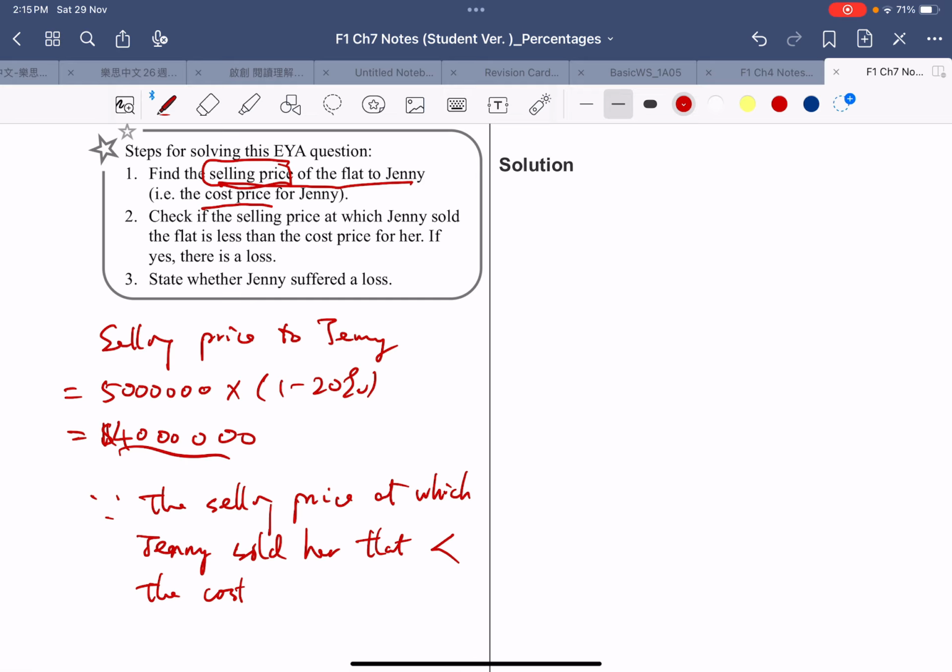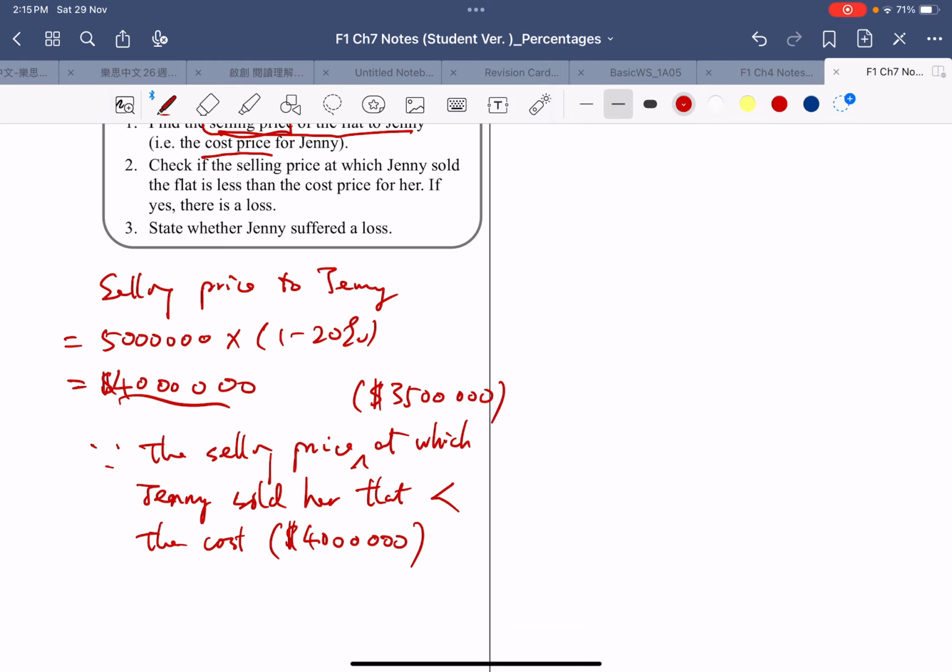You can write down her selling price, this amount, and the cost is this amount, less than this. Her cost, then Jenny suffers a loss for sure.